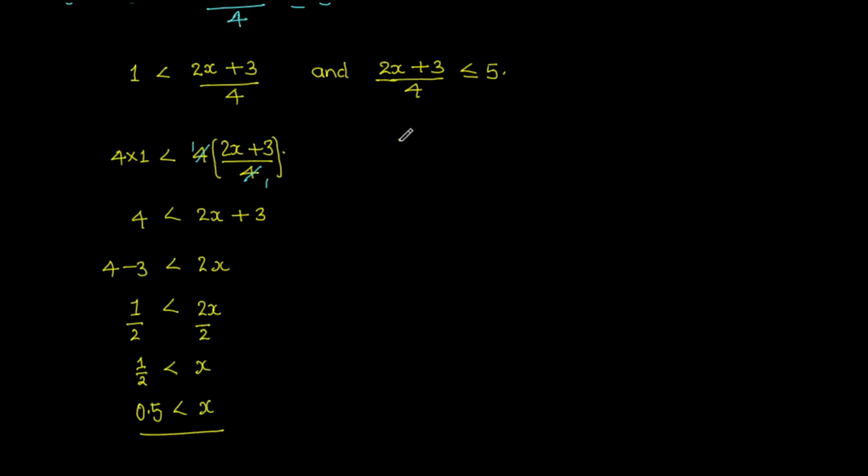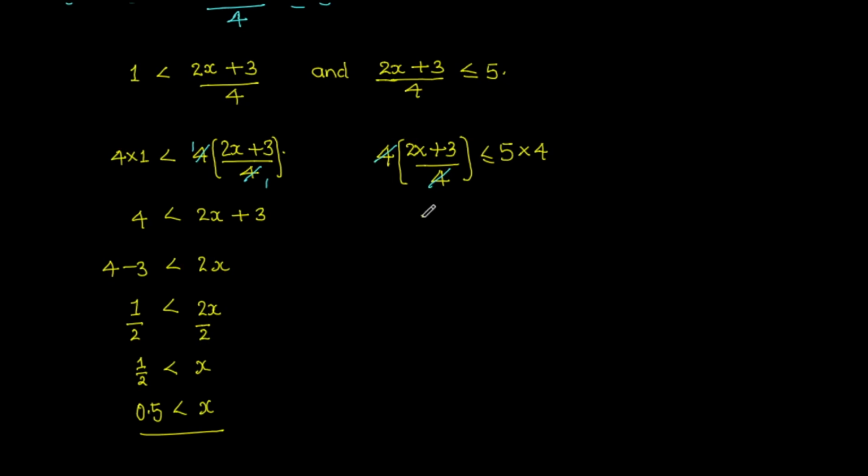So in the second part, we do the same work. We multiply by 4 on the left hand side and right hand side of the inequality. So we have here (2x plus 3) over 4. We close this bracket and we have 5 times 4. And before you know it, the 4 will have gone.